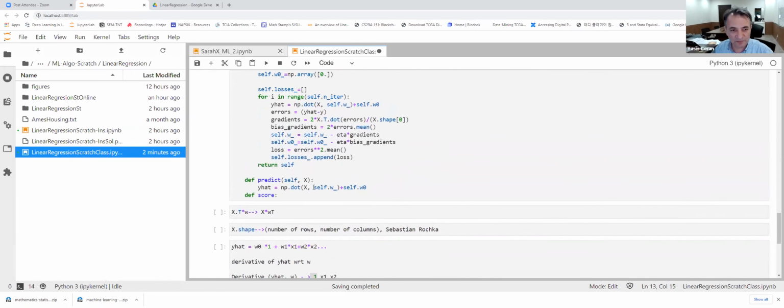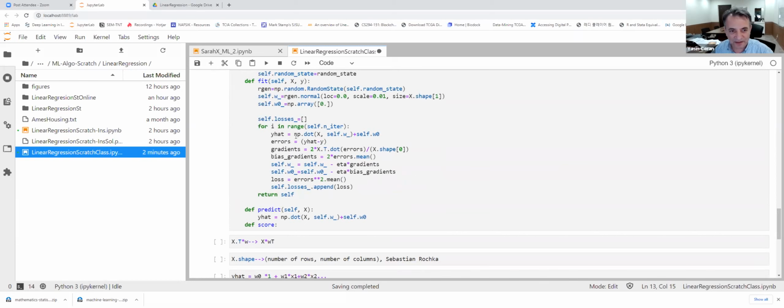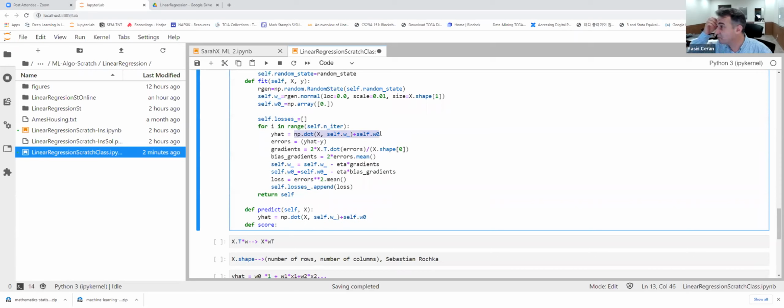Okay, so I got my prediction. Then maybe I can change this to a function, right? Instead of writing it this way, I can use self.predict with x, so it's going to run this function here. Okay, so this is prediction.